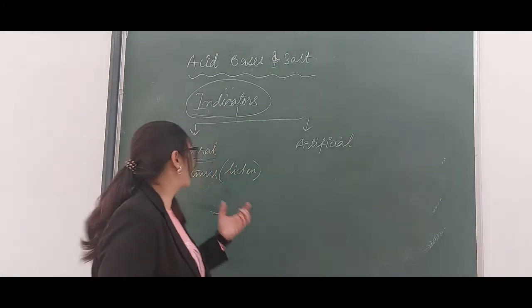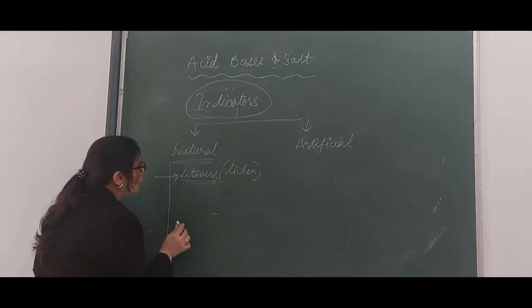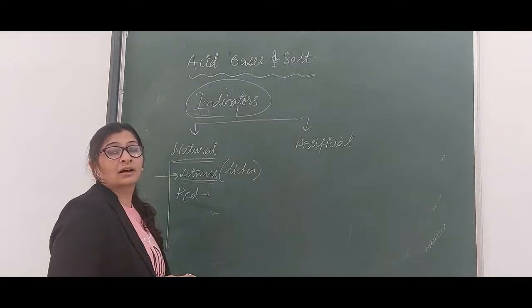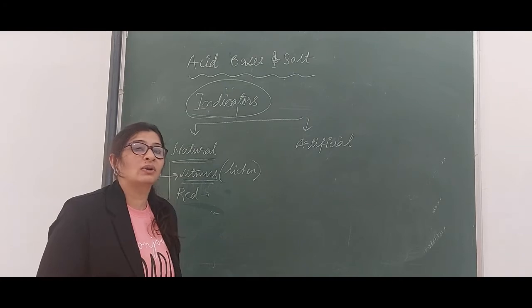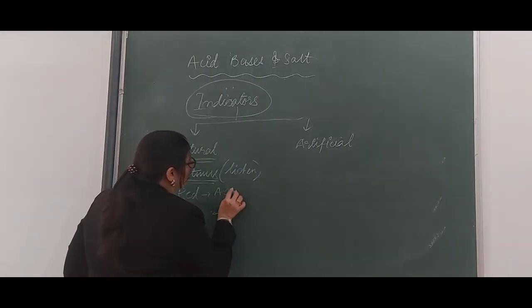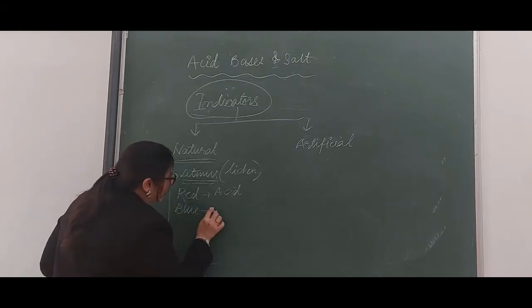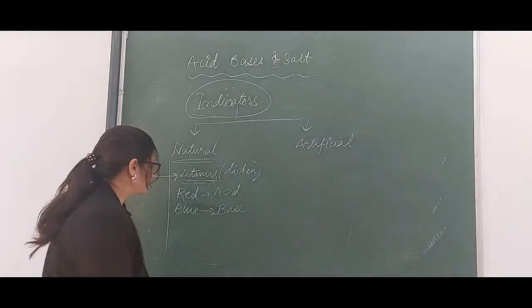So from this we can get the litmus solution. If the blue litmus solution is converting into red, that means it is an indication of acid being present. And if it is giving blue color, that means the substance is base.